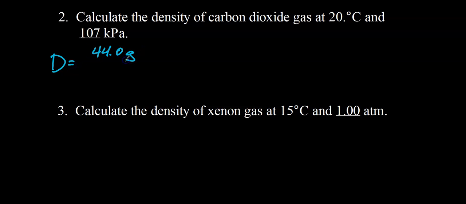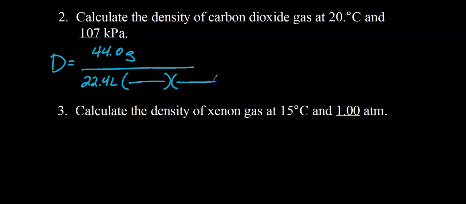Again, we take our 44 grams and we divide that by not just 22.4 liters, but remember, 1 mole of a gas at STP has a volume of 22.4 liters. What would be the volume at 20 degrees Celsius and 107 kilopascals?